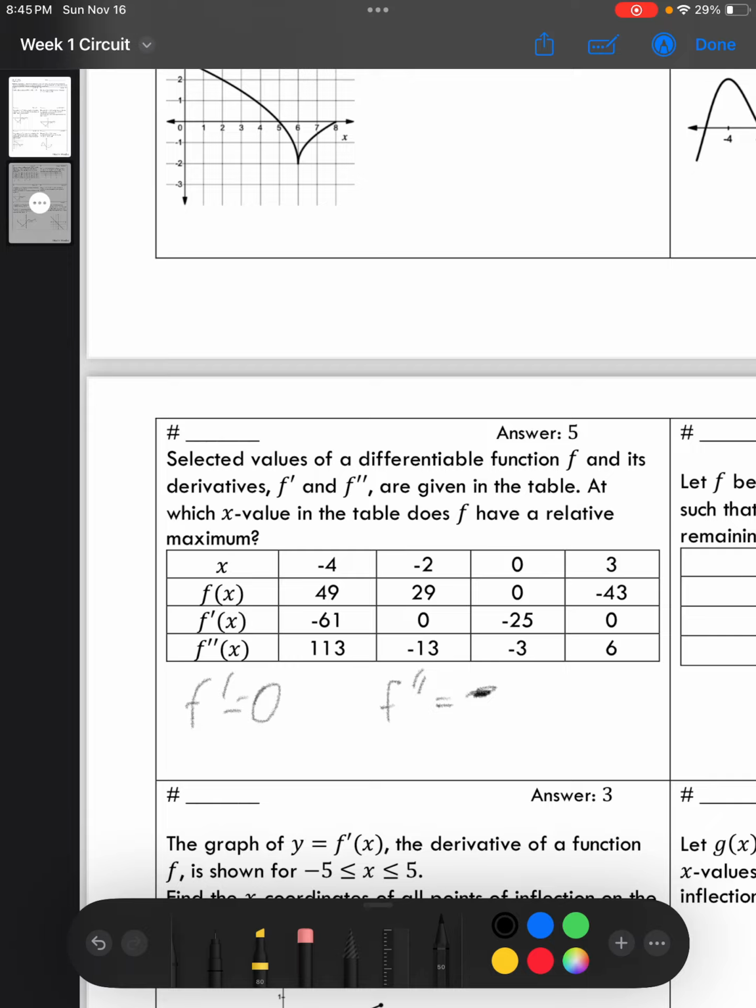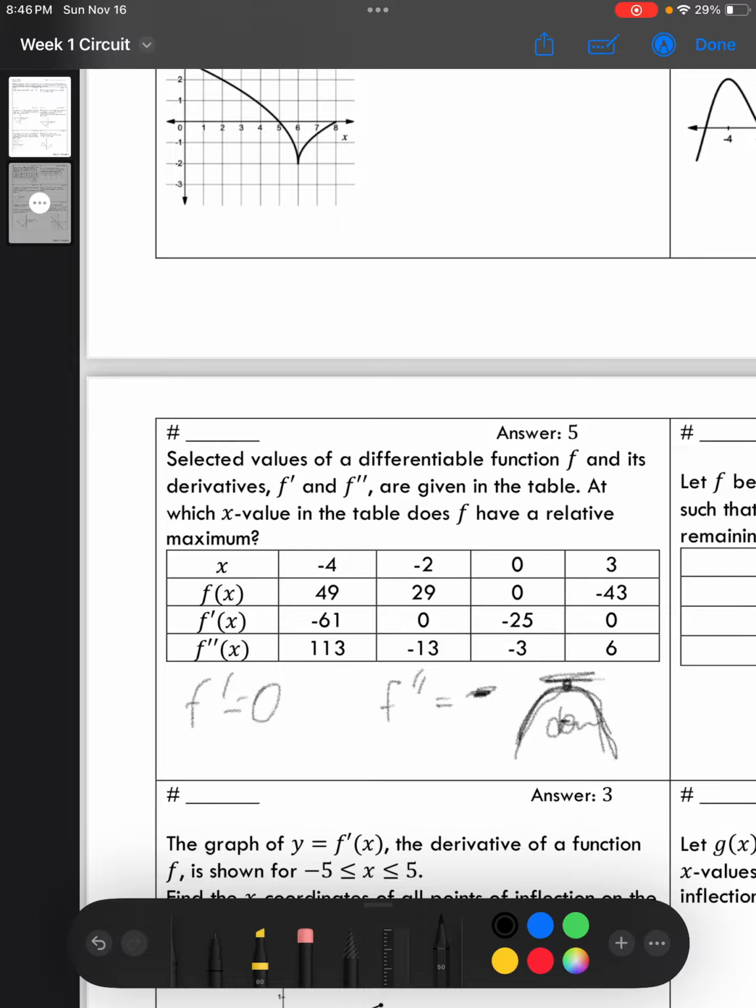Whatever teacher you have or had taught this, but for a relative maximum to happen, you have to have the graph of f looking something like this. This is the point, this is the maximum. f prime would be 0, and the concavity is down, so f double prime is negative.